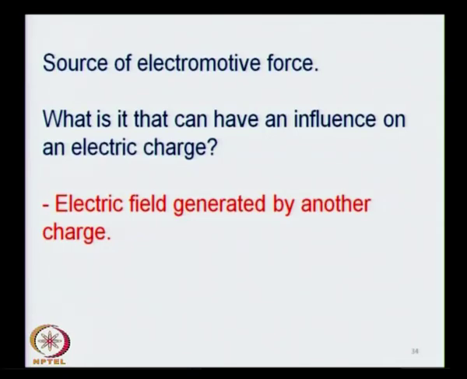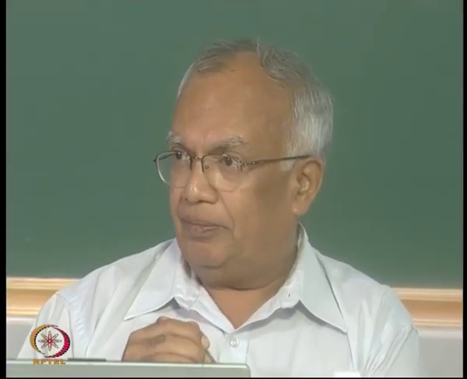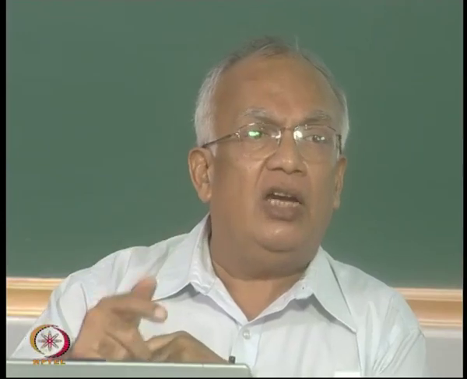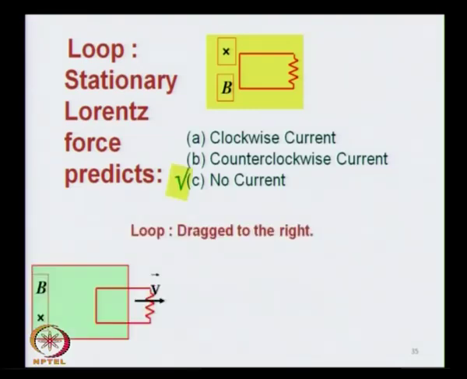Of course, if you have another electric charge, you can generate that influence, but here you are making a charge move not by bringing in another charge from somewhere and making it generate a force on it, as a result of which this charge would be accelerated, but by dragging this loop to the right.